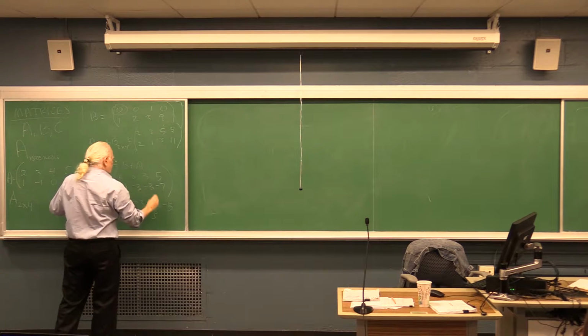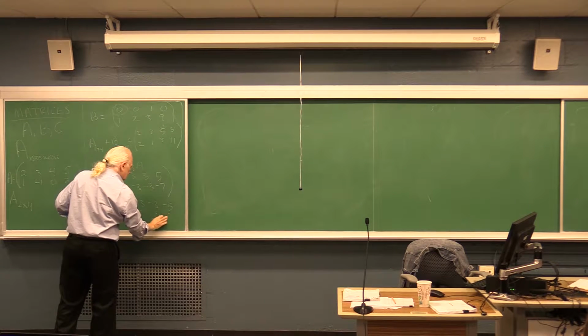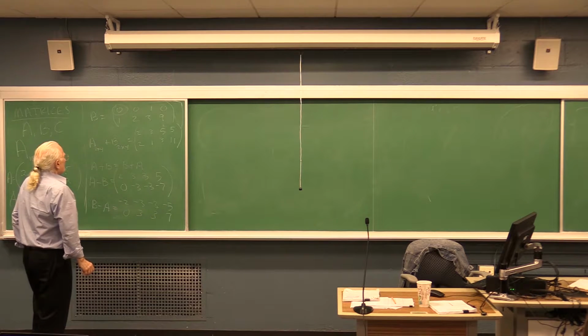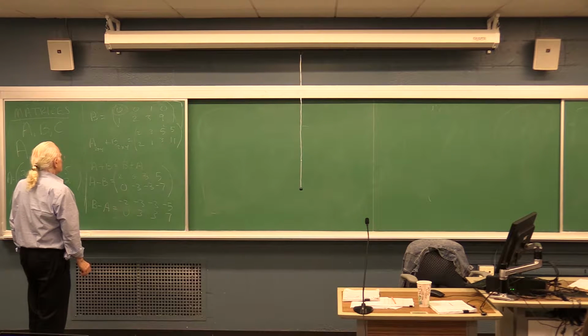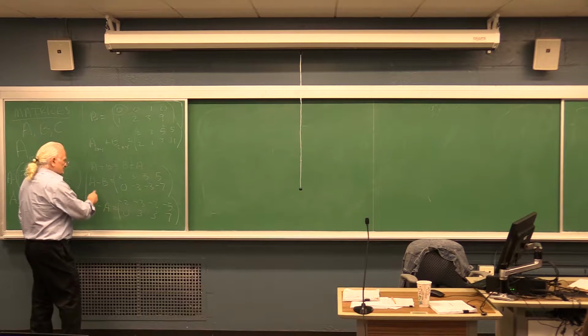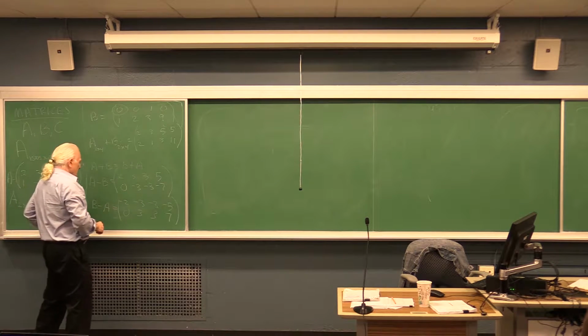And 9 minus 2 is 7. So basically, you see that this is the negative of that.